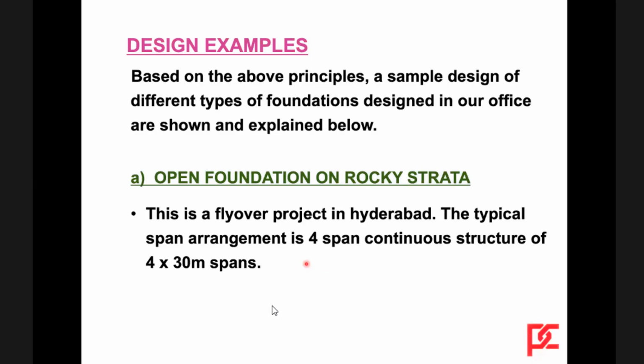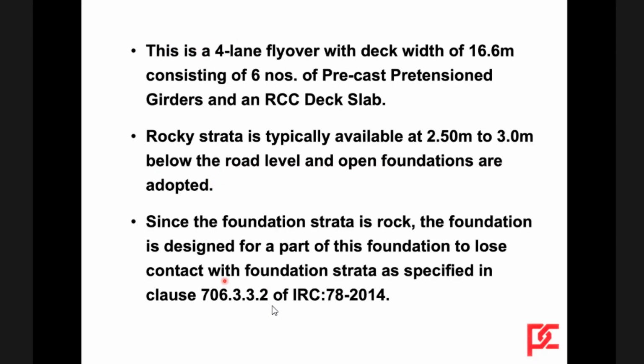In this project, there is a typical four-span continuous structure with 30-meter spans, a 4-lane flyover with a deck width of 16.6 meters, consisting of 6 precast pre-tensioned girders and an RCC deck slab. Rocky strata is available typically 2.5 to 3 meters below the road level, and hence open foundations are adopted.